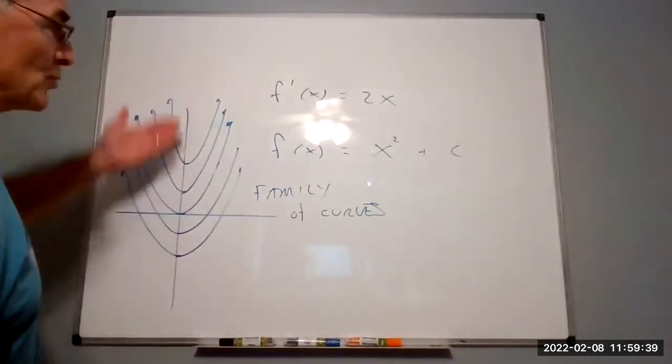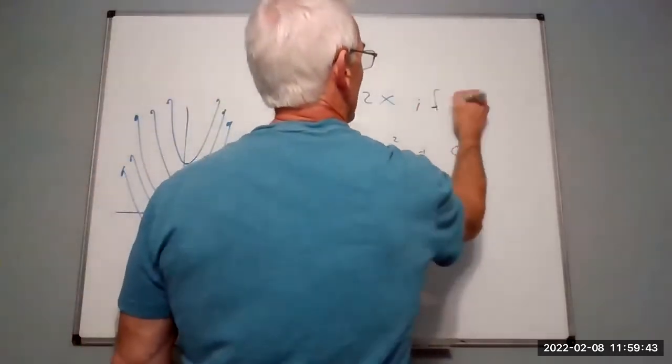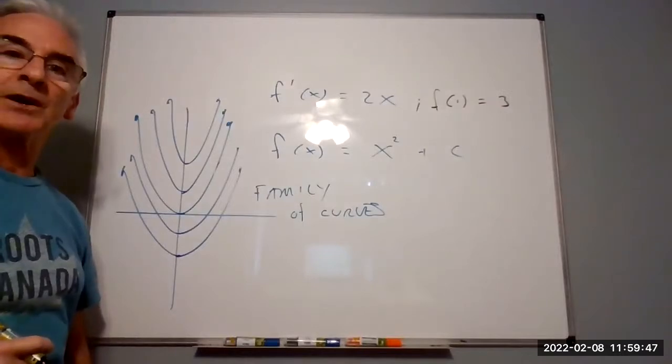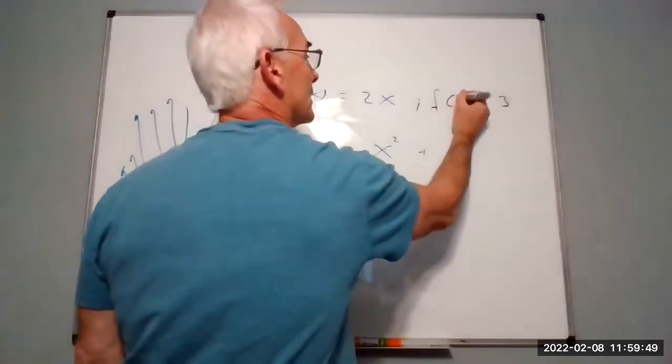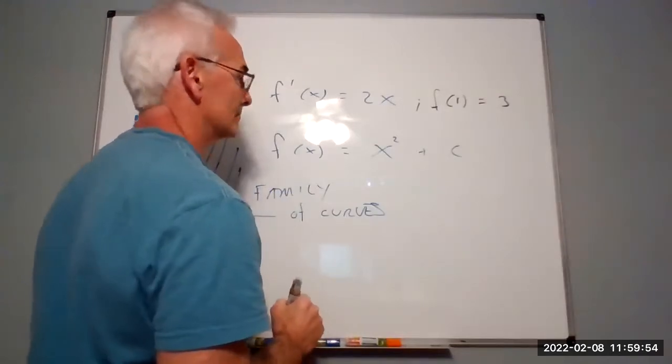So how do I know which one this is? What if I also told you f of 1 is 3? Let's suppose I told you that information as well. Well, if f of 1 is 3, then what would that make my c? 2.